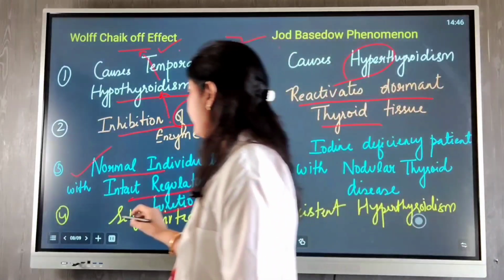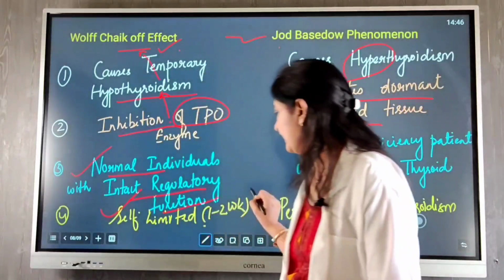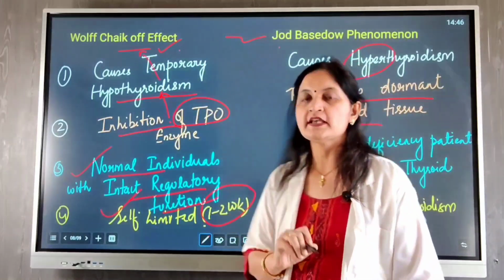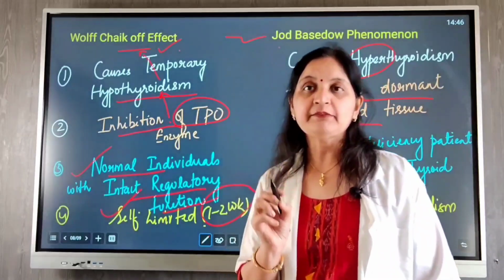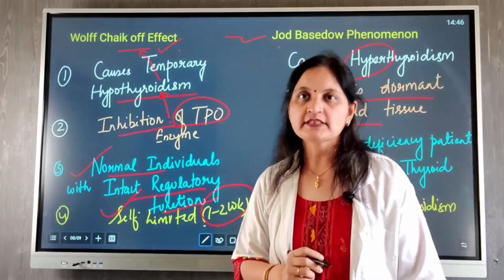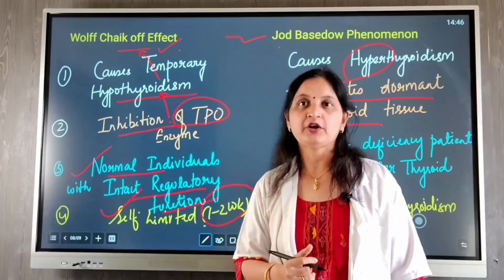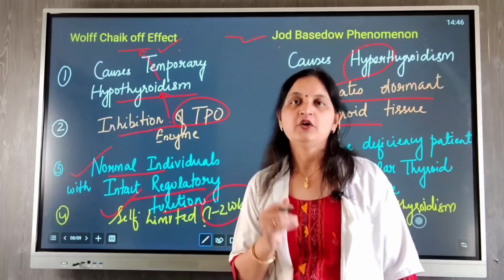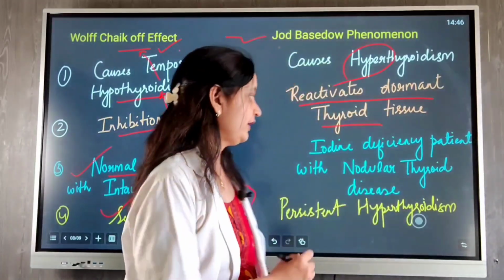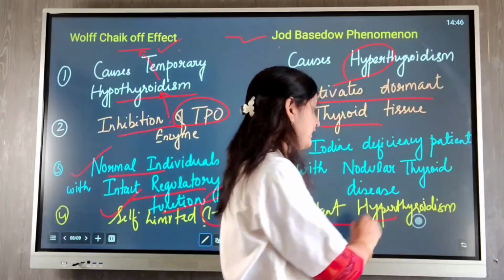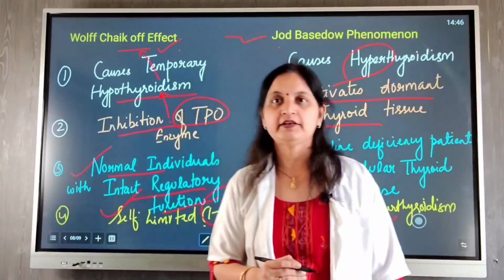Lastly, Wolff Chaikoff effect is self-limited, that is, the effect lasts for 1 to 2 weeks because of the temporary inhibition of thyroperoxidase enzyme, after which the thyroid hormone production resumes. Whereas in Jod Basedow's phenomenon, there is persistent hyperthyroidism which needs treatment.